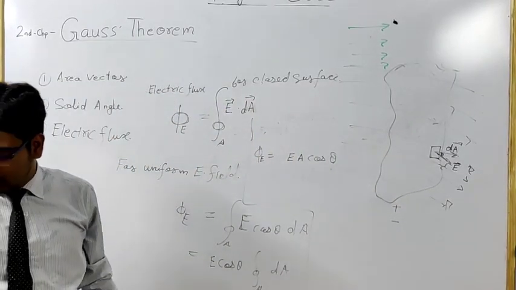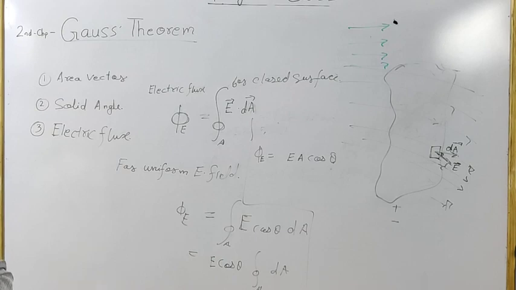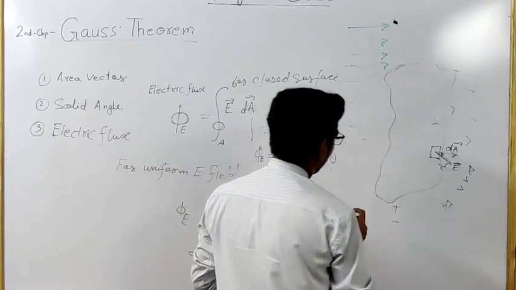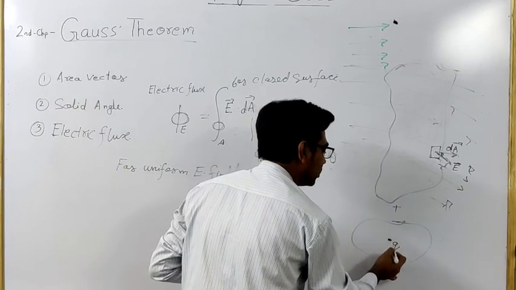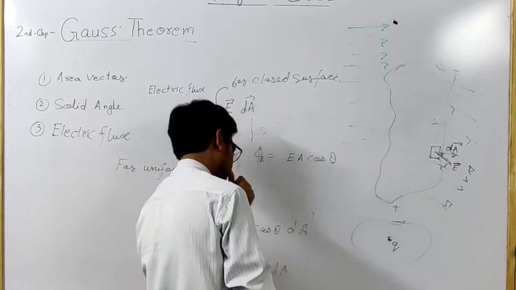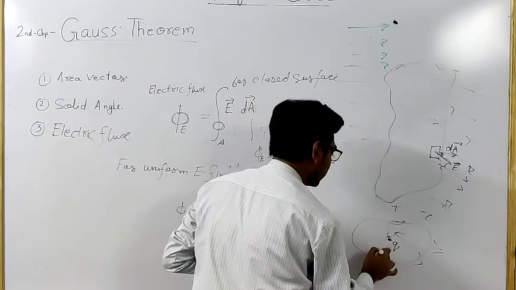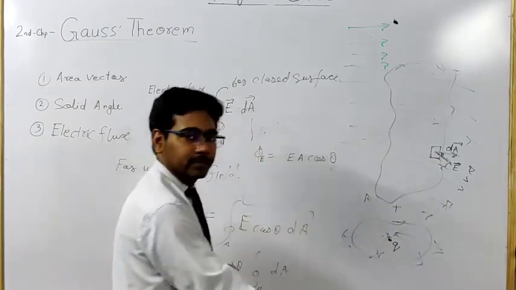This is all about it. You can check its unit and dimension on the slide also. Now we'll come to the final point. What is our Gauss theorem? Gauss theorem says if you take a closed surface and place a charge Q inside that surface, possibly positive, then this charge will create its electric field, and the lines of force will come out of this surface.